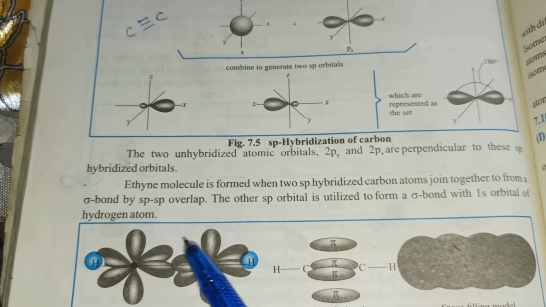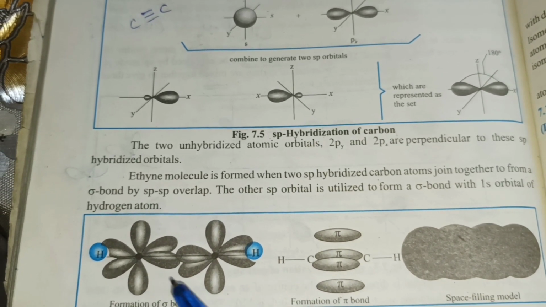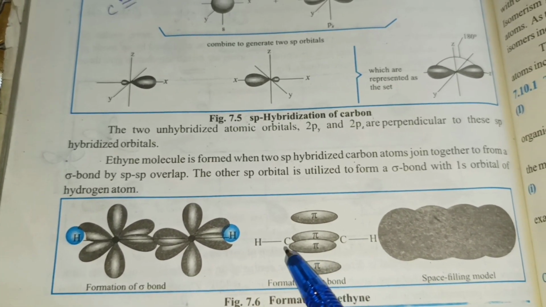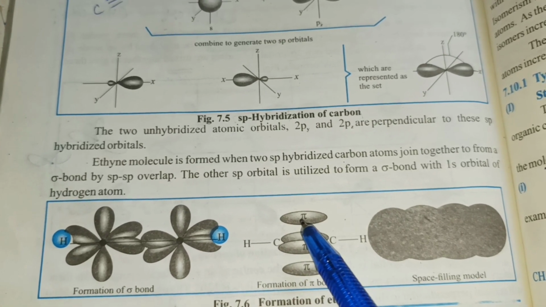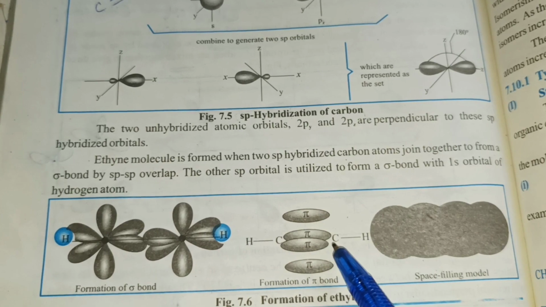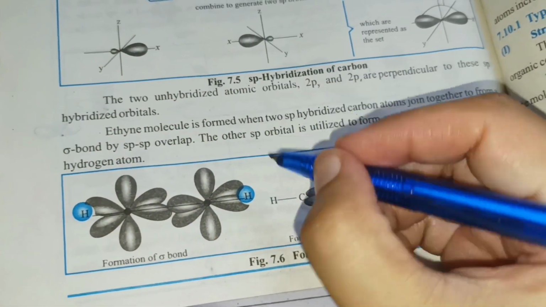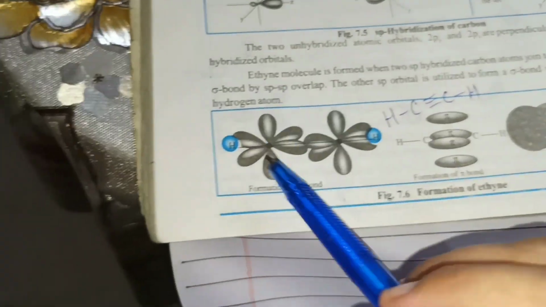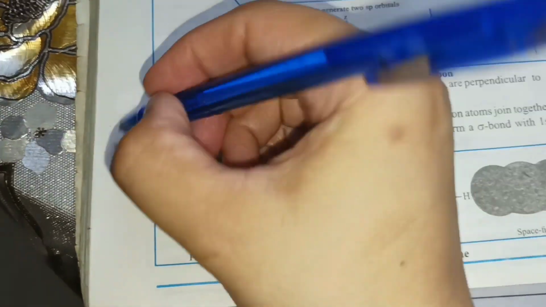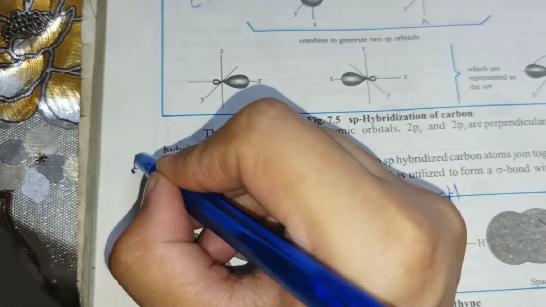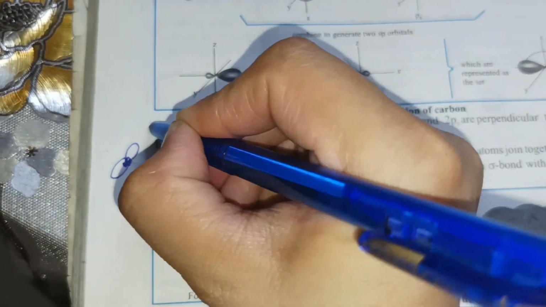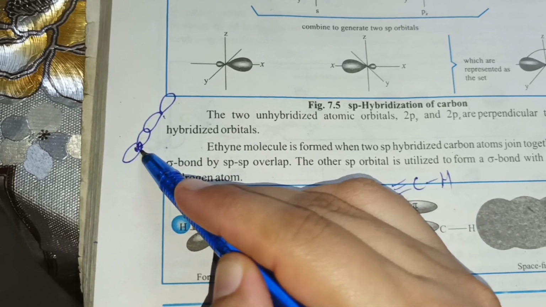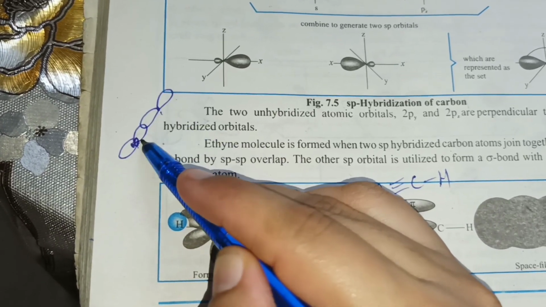These orbitals overlap above and below to form the pi bond. You can show the pi bond like this, and you have to mention it like this, students. This is one carbon atom and this is the other carbon atom. This is the sp hybrid orbital of each carbon atom.